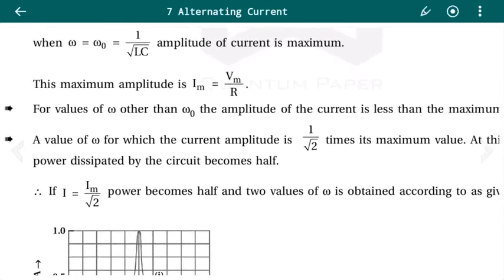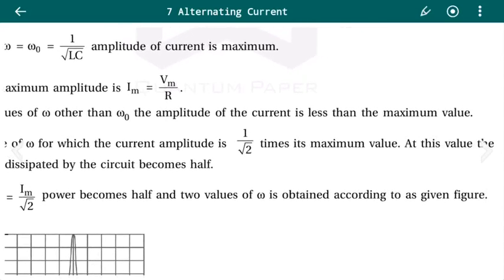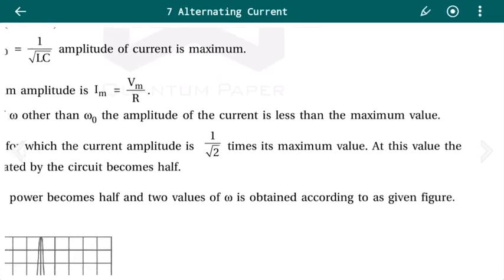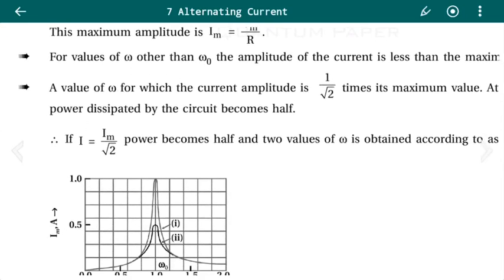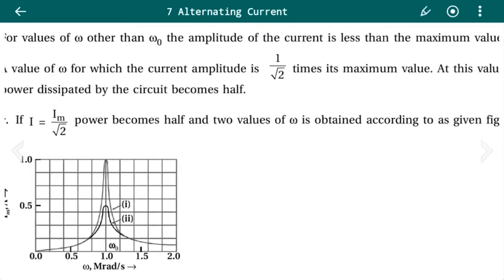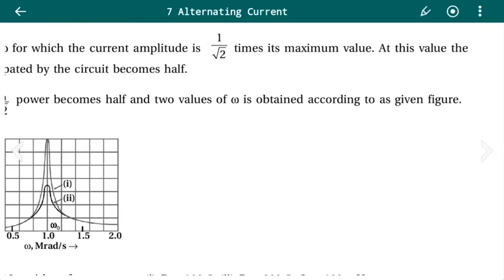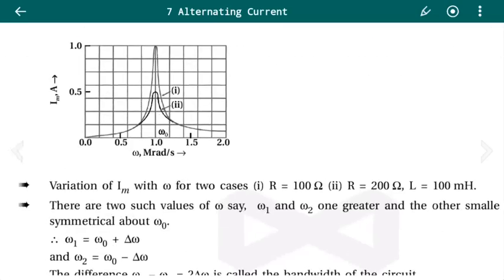Consider the values of omega for which the current amplitude is 1 by root 2 times its maximum value. At this value, the power dissipated by the circuit becomes half. If I equals Im by root 2, power becomes half, and two values of omega are obtained as given in the figure.